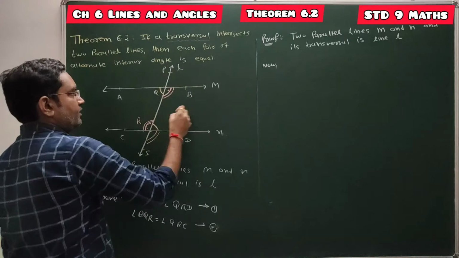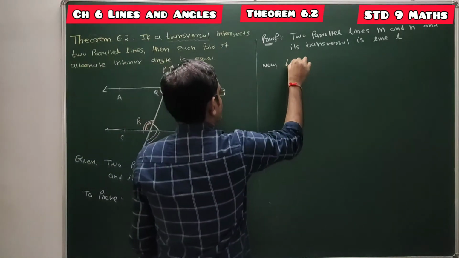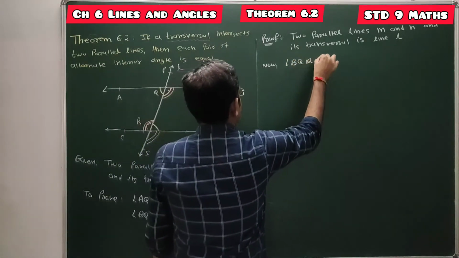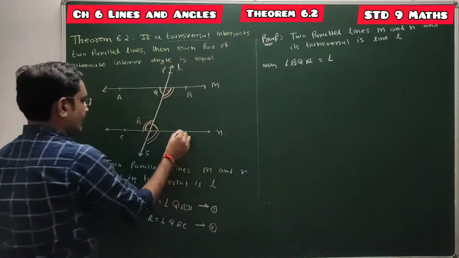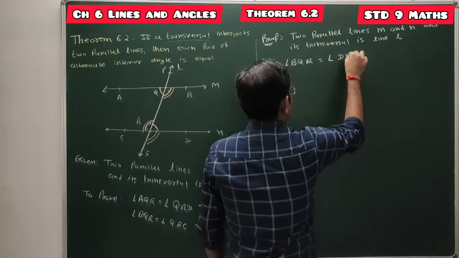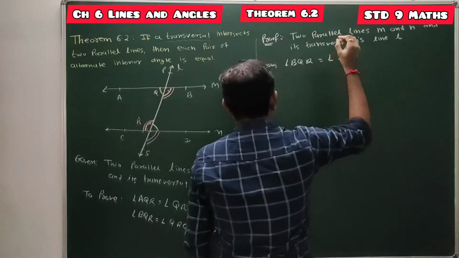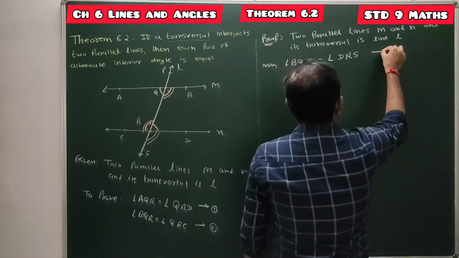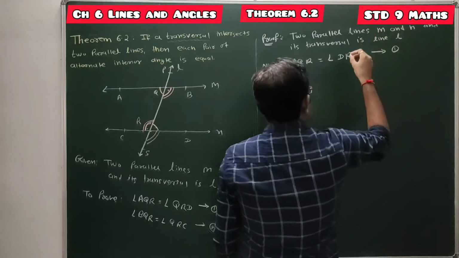Angle BQR is equal to angle DRS. So these two angles are equal. Say result number 1, and what is the reason?